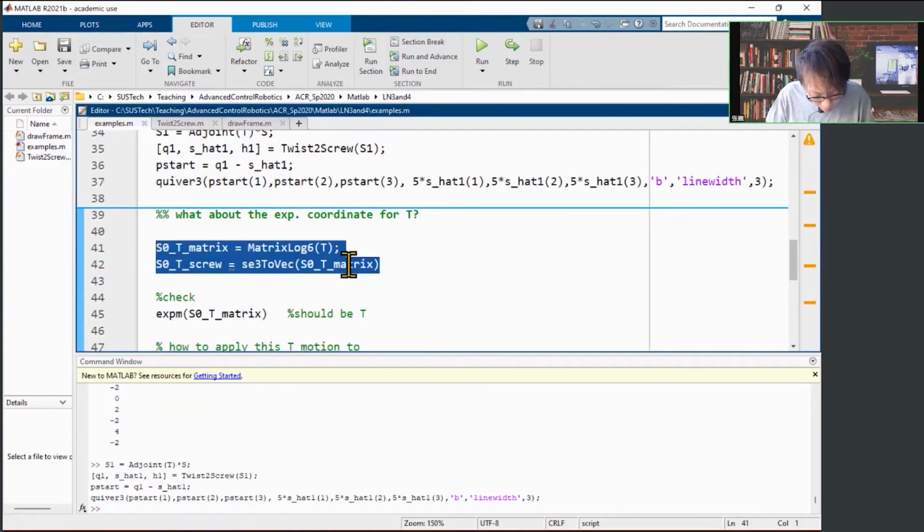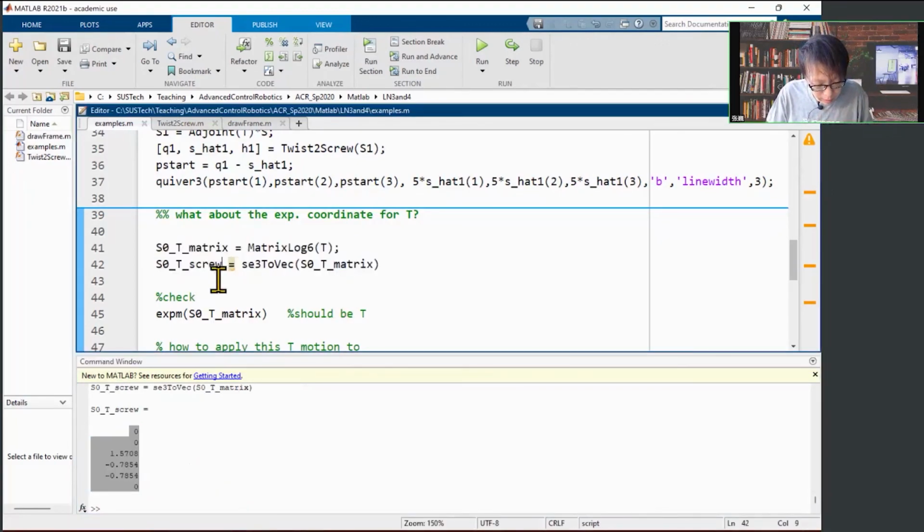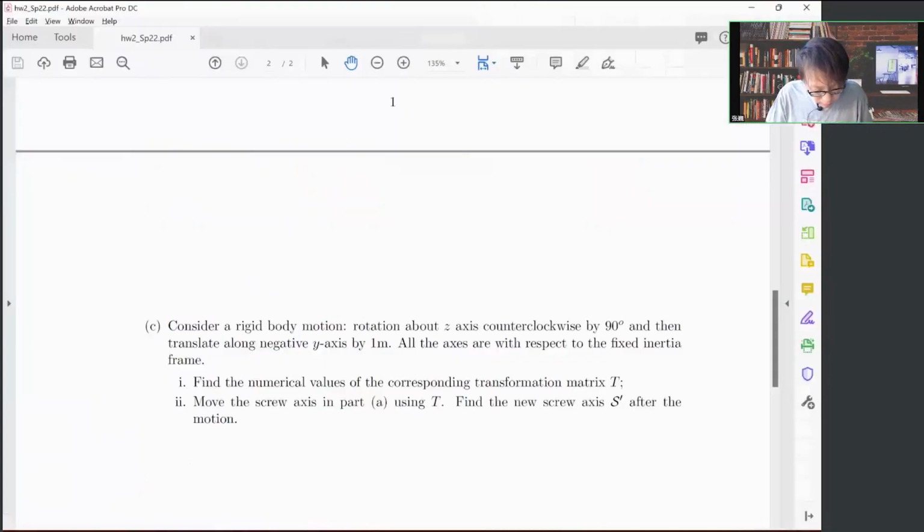Let me try to print it. This is the screw axis associated with the operator T. So that's the S hat associated with the operator T.